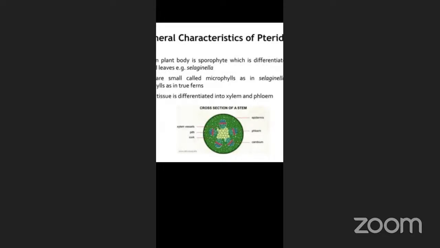And the fourth character is that secondary growth is generally absent in the Pteridophyta, but in gymnosperms secondary growth is commonly present. So Cycas circinalis, Beddomei, Pinus, Gnetum, they have secondary growth. That is why the wood is very strong and is used in some constructions.